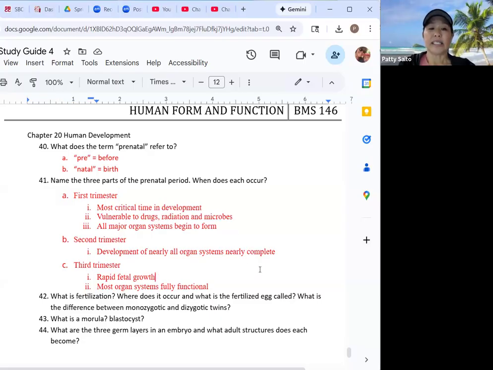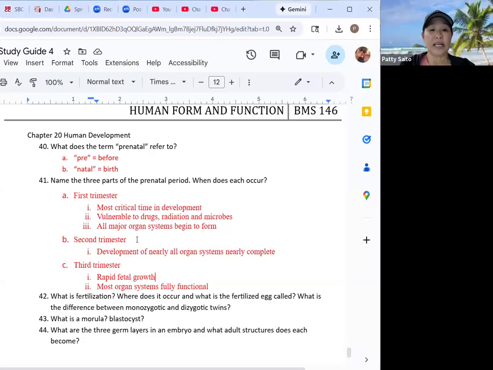Sometimes in this first trimester there's a period where you don't even know you're pregnant, right? At the very beginning. But there are a lot of things happening at that time. And we'll really talk about that time within this first trimester.